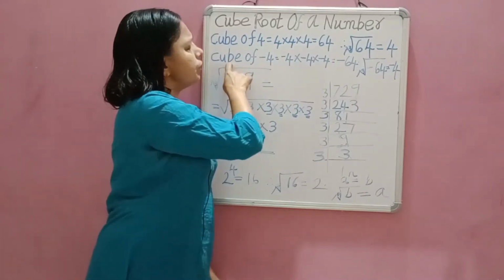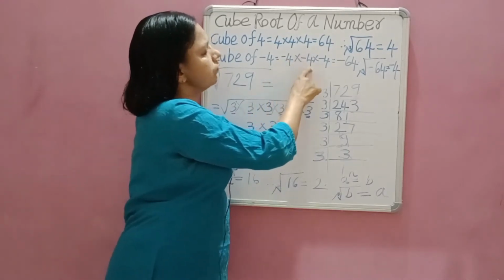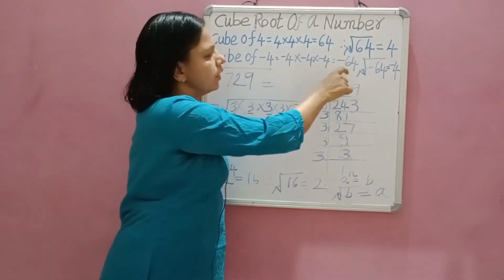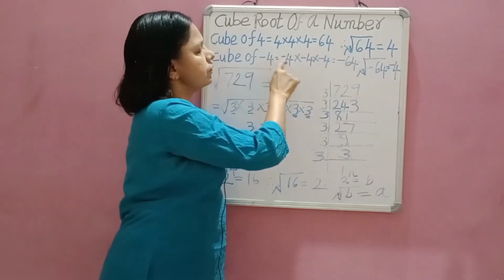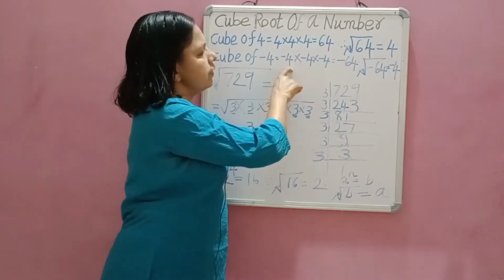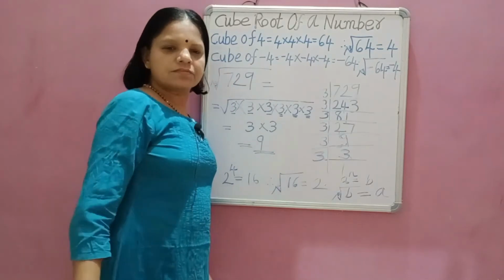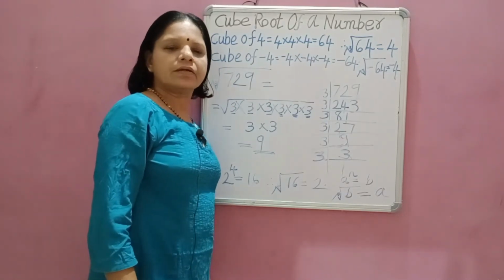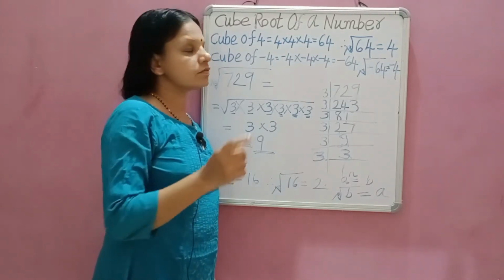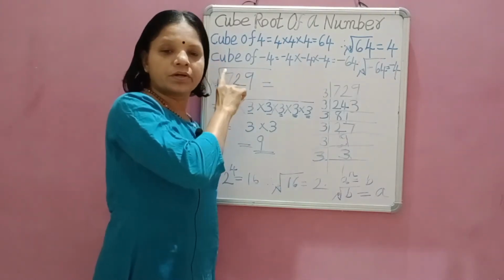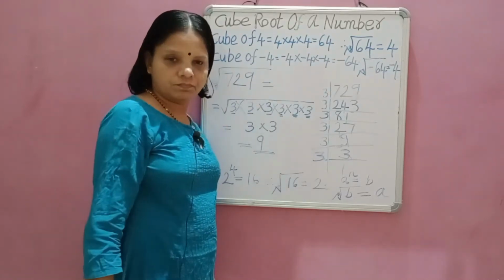Now see here, cube of minus 4. Minus 4 into minus 4 into minus 4 equal to what? Minus 64. How did we get minus 64? Minus into minus, plus, and plus into minus, minus. So what does it mean? The cube of a negative integer is negative, whereas the square of a negative integer is positive.